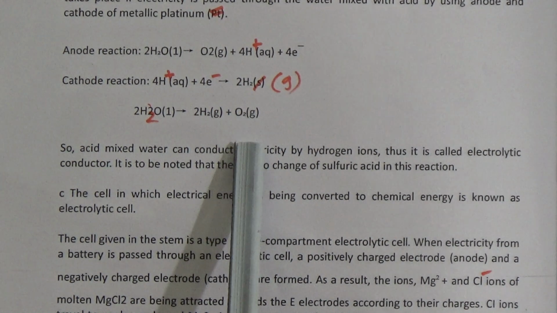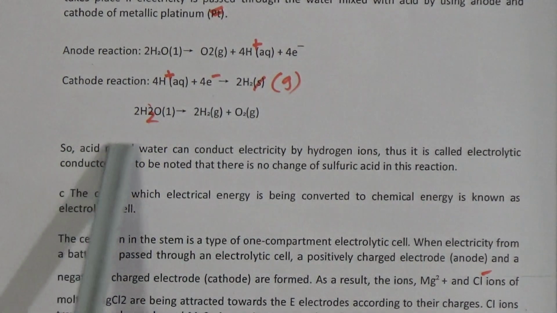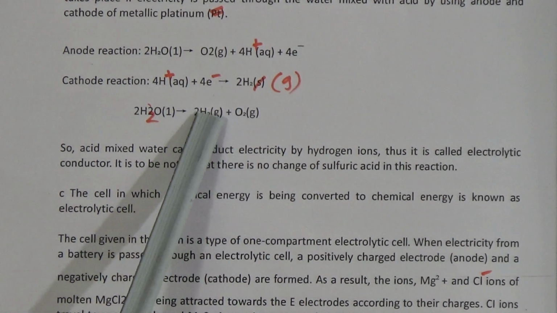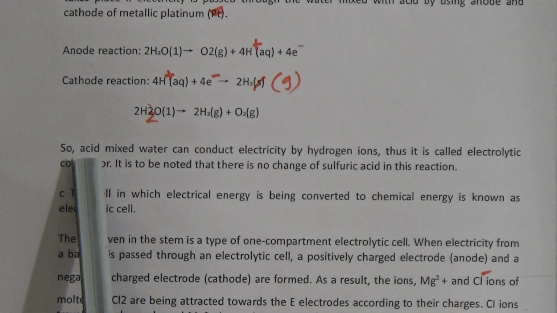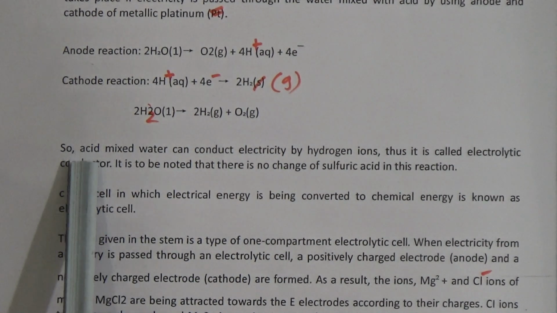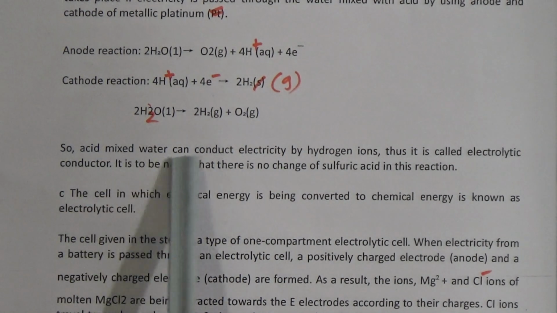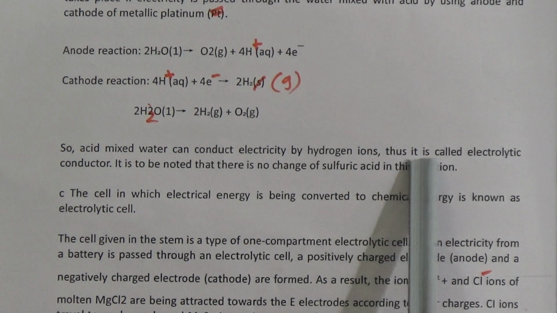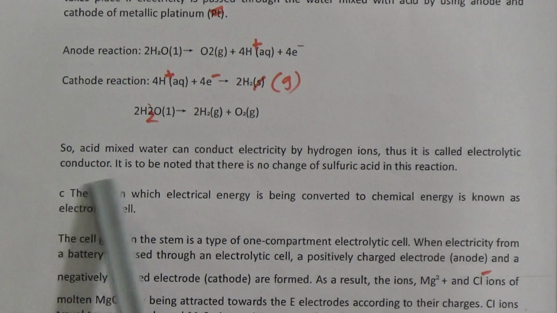But here we mix the acid for flowing the electricity fluently, because acids have ions and those ions help to pass the electricity through the water. So acid-mixed water can conduct electricity by hydrogen ions, and thus it is called an electrolytic conductor.